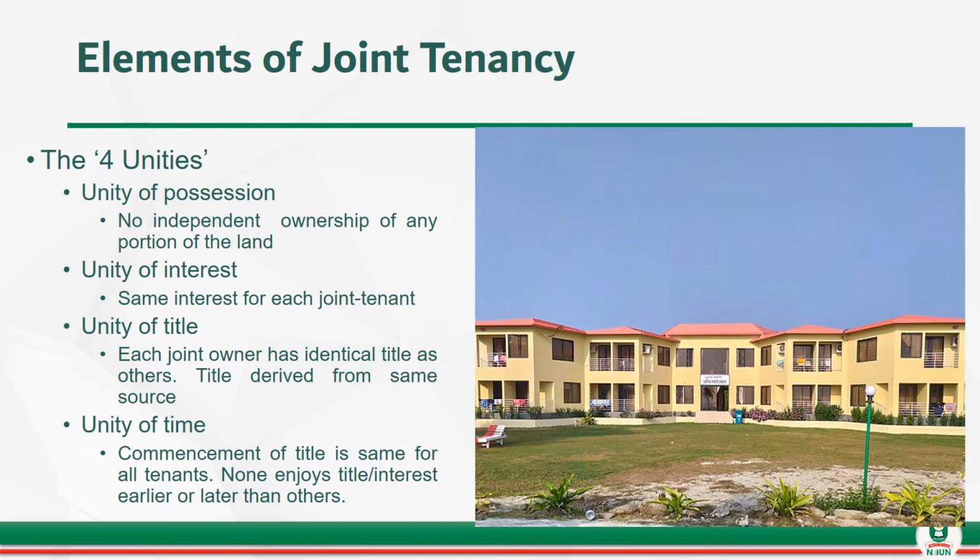Nobody can lay claim to one particular part to the exclusion of others. Everybody has the same interest. Everybody has the same title. Their title is derived from the same source. So if it is a will, for instance, it is the same title. Everybody enjoys their interest at the same time. Their enjoyment of interest started at the same time, and no one enjoys more than the other. Those are the four unities.